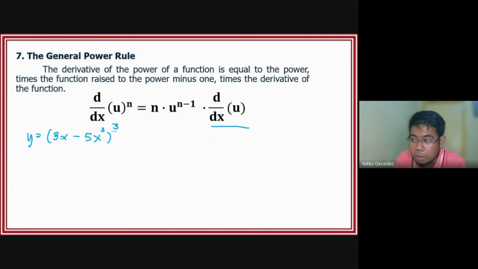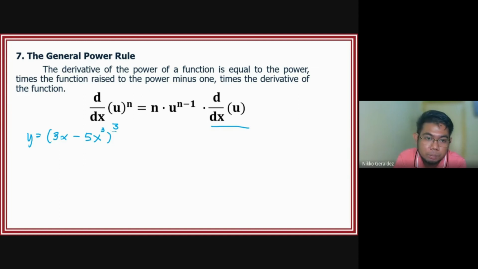Or kung meron kang composite function. Di ba? Composite function to. Meron kang 3x minus 5x cubed sa loob ng cubic function na x cubed. Pag ganun, kung meron kang composite function, pwede natin gamitin yung general power rule.